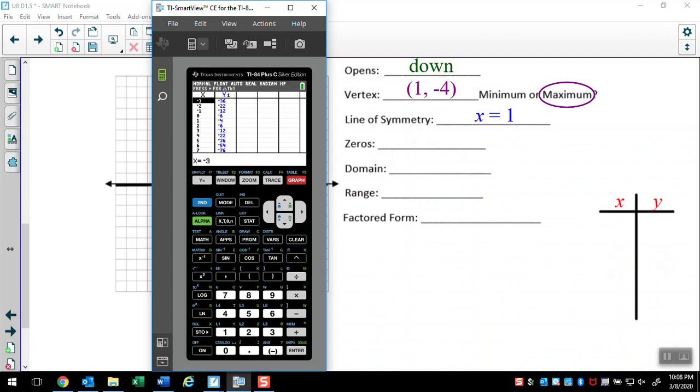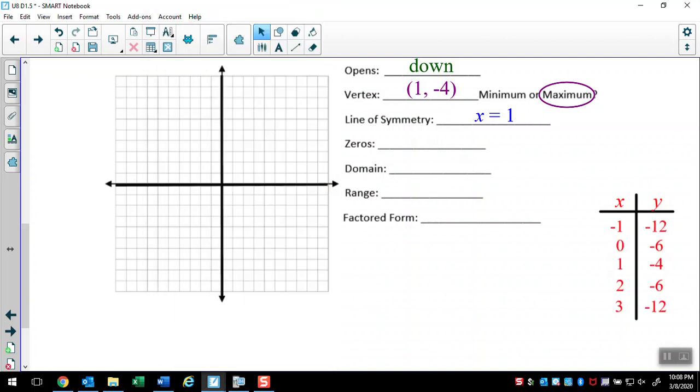So the only ones I can really fit in are the (0, -6) and down to that (2, -6). Put those in. And I actually wrote in up to the -12s here as well, just to have a couple extras put in there. Here's my vertex, right smack in the middle of my table.